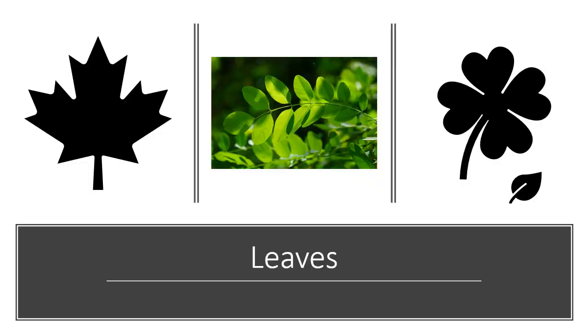The next part are the leaves of the plant. Leaves are of different shapes. Usually they are green in color. Do you know what is the function of the leaves? The leaves are like the kitchen of the plant. What do we do in our kitchen? We prepare food in the kitchen.